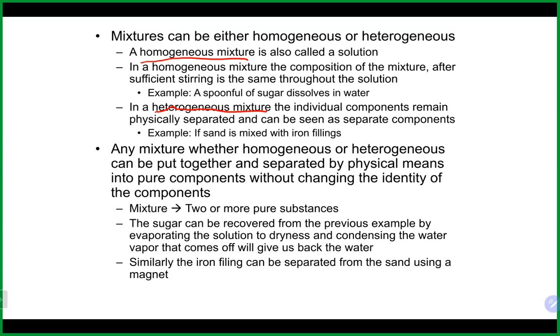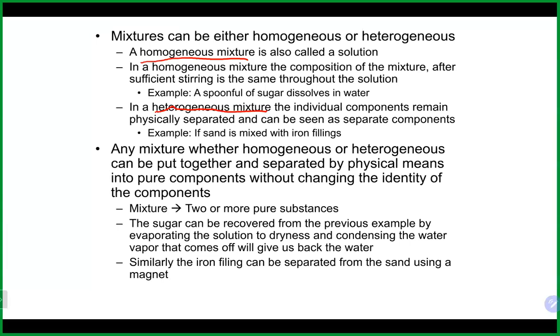Now, any mixture, homogeneous or heterogeneous, can be separated out by physical means back into their original form without changing their identity. So you definitely can take a mixture and do some type of process to it, usually taking advantage of physical properties to separate them back out.